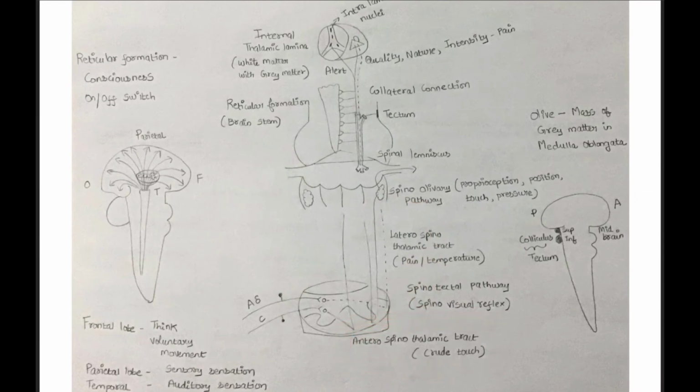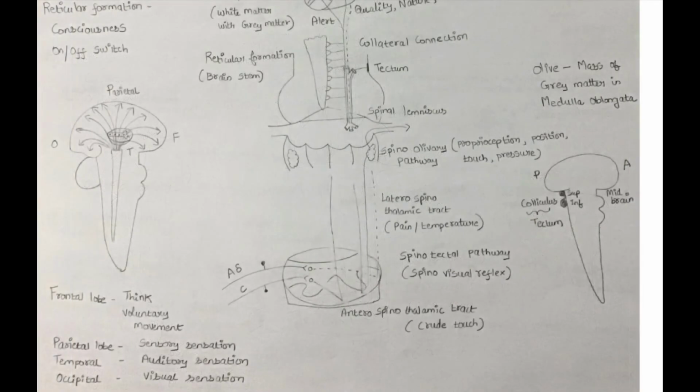And what is the function of the lateral spinothalamic tract? Passing pain and temperature. What is the function of the spinotectal pathway? It is the spino-visual reflex. What is the spino-visual reflex?